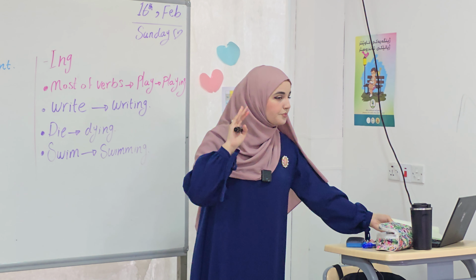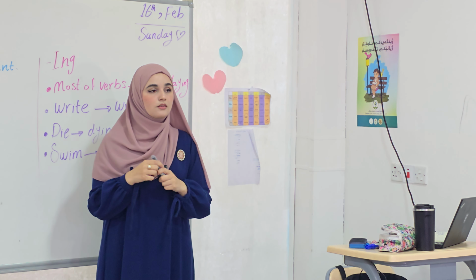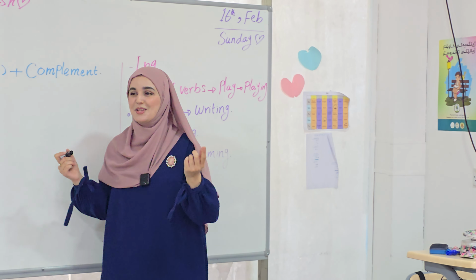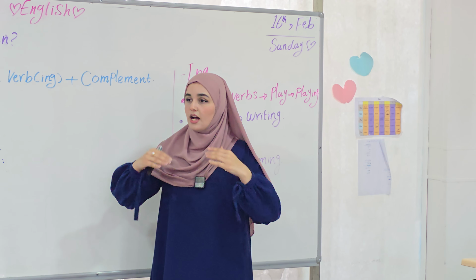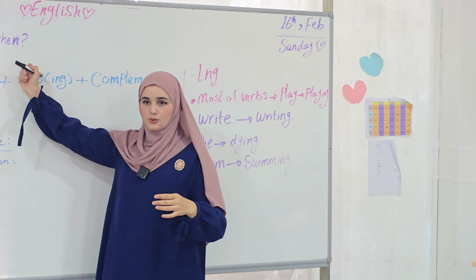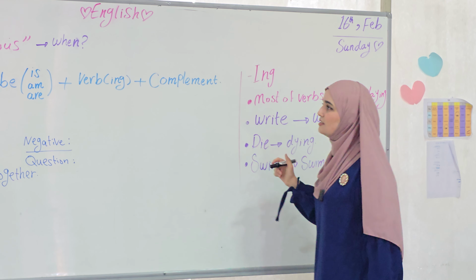I'm listening. Yes, Aya? I am listening to my teacher. Well done. Such a smart girl. Very good. So that's the case. When you are doing that action at that moment, that's when you can use present continuous. Easy, right? The whole tense is kind of easy.